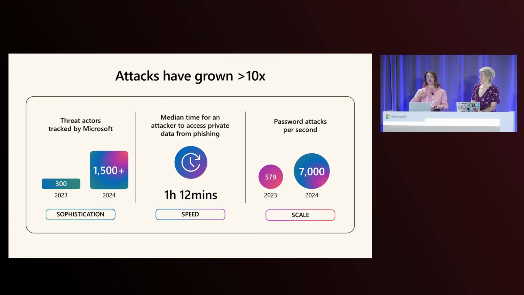So whilst we talk about AI and it making us more productive, remember it can make the bad guys more productive too. And then you can see the last one in the scale, password attacks. We used to see around 579 a second, and now we see 7,000. So it's getting worse, but we're also getting better.